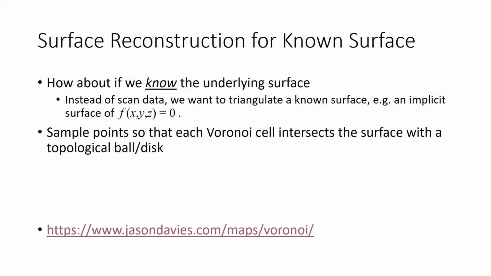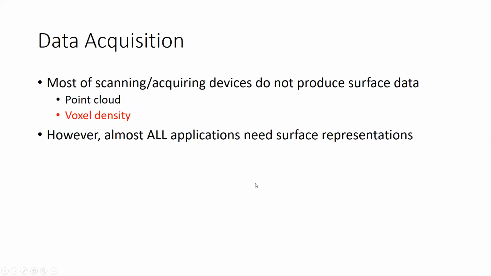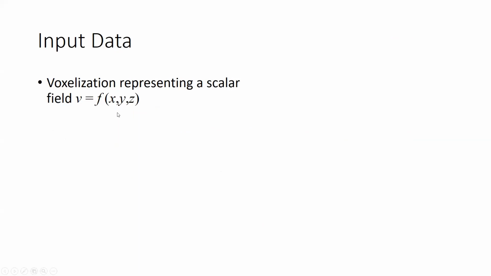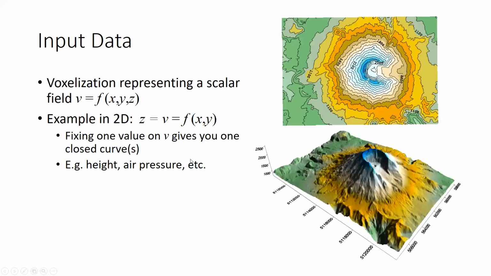How do you come from a point set to the triangulation that you want? The next topic is that we may not only get a point set to reconstruct a surface, we may get volumetric density. What is volumetric density? It means I actually have a scalar field. A scalar field in 2D means every point has a number.